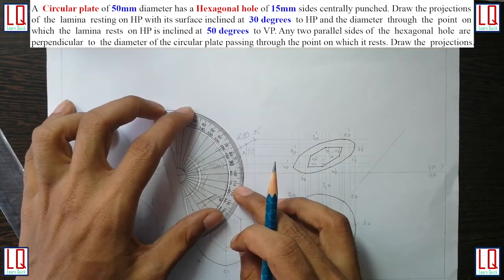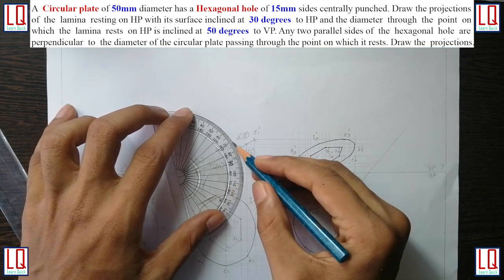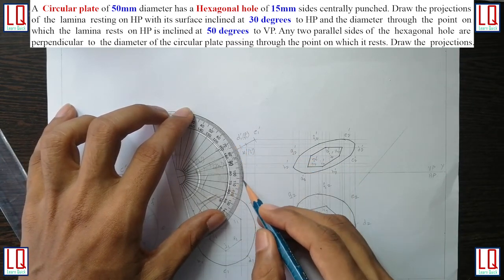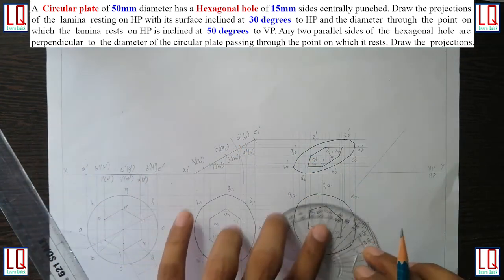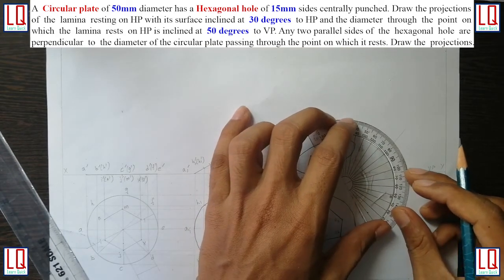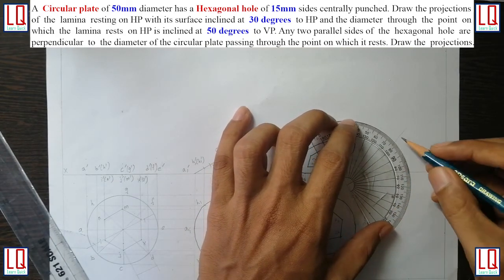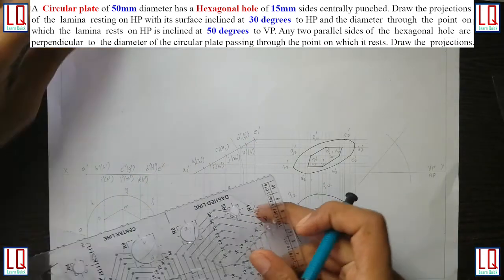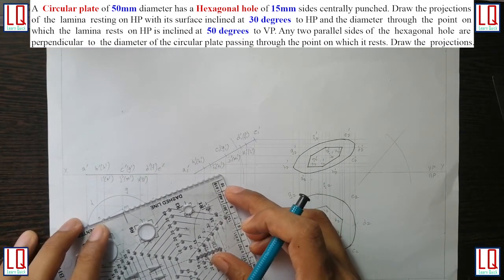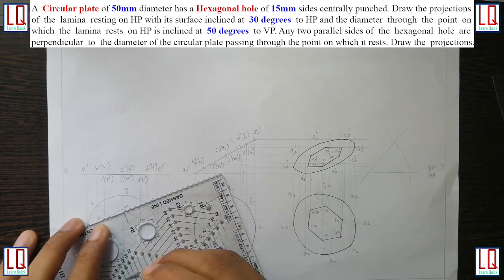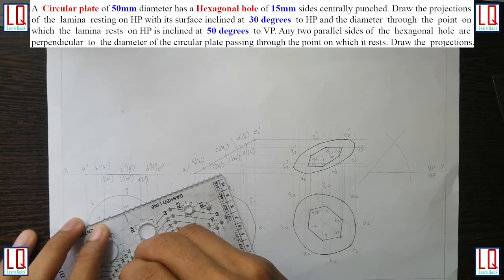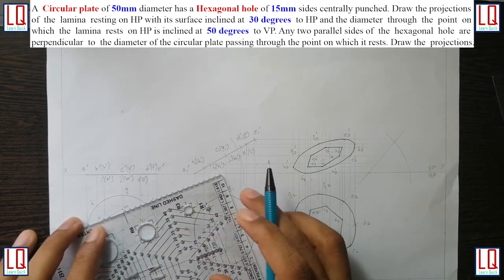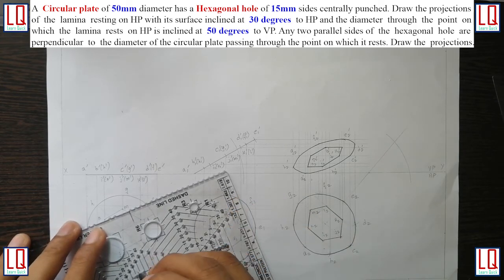Angular dimensioning, inclination of your circular plane with respect to HP and inclination of your circular plane with respect to VP. Now I use an engineering template to draw the arrowheads. You can draw the arrowheads manually, making sure the ratio is 1:3.